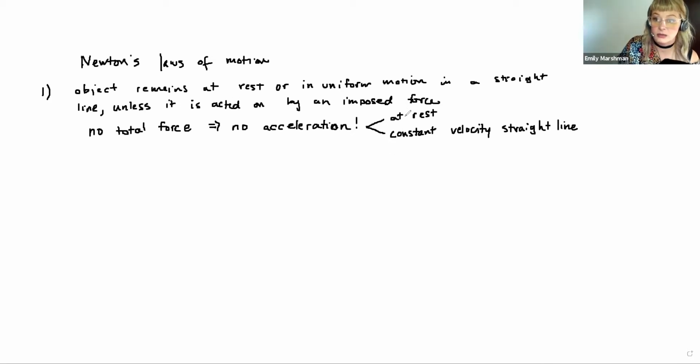So if an object is at rest, that means there's no net force on the object. If the object is moving at a constant velocity in a straight line, the object has no total force acting on it.